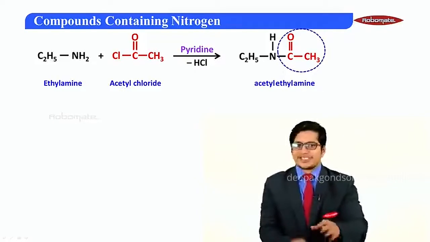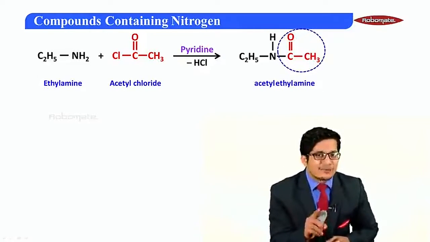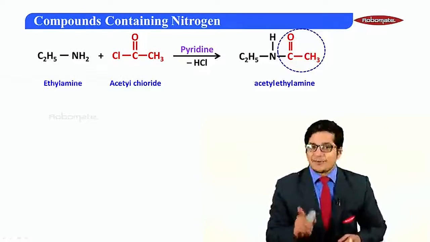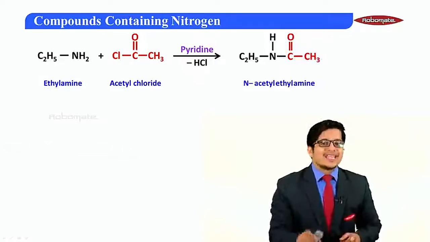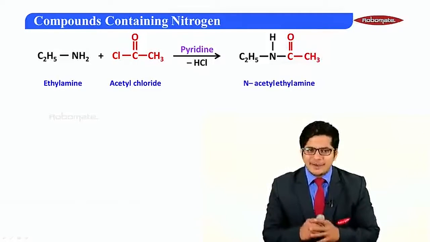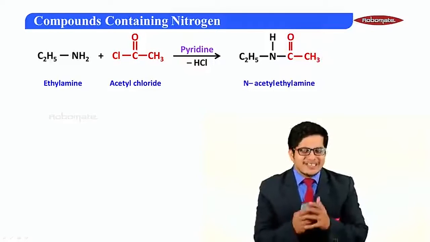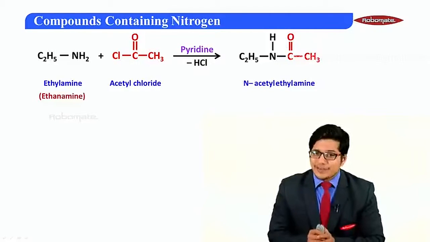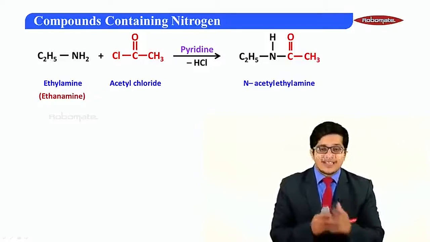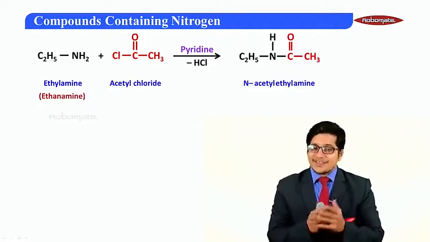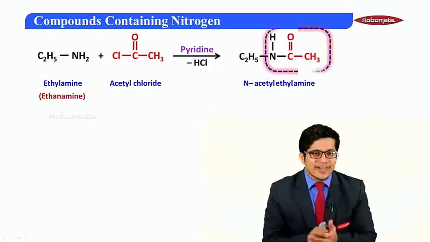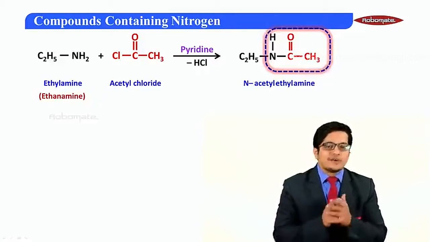But wait students, is that acetyl group directly attached to nitrogen? Yes, it is. And therefore you would say it is N-acetyl ethyl amine. But a problem over here is ethylamine could also be named as ethanamine. That is another name for ethylamine. Therefore, let's consider the product. Do you have an amide group in the product?